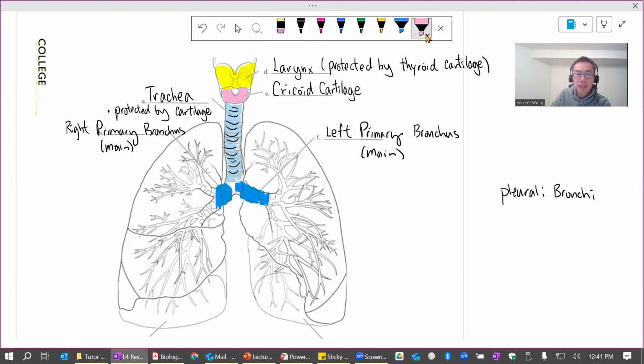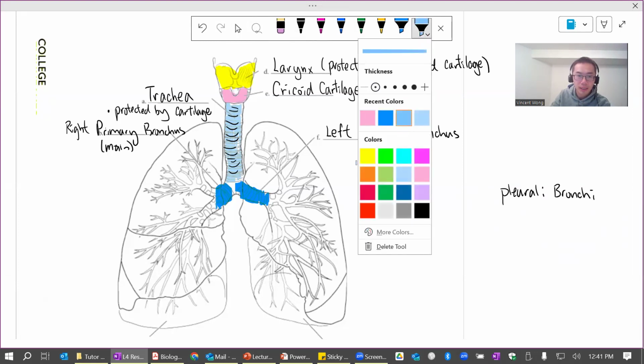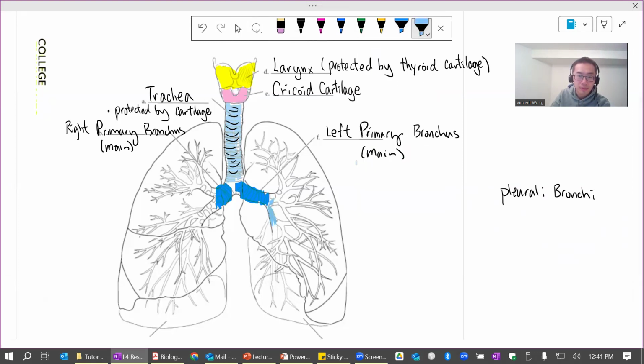Now this thing will continue to branch for a little bit. So it will split again into smaller ones. I know it's not on the diagram here, but these smaller ones, they are called secondary bronchus.